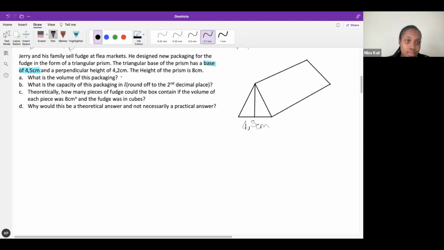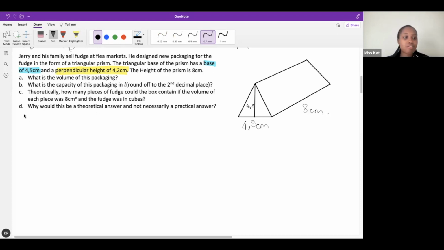And then what else? Perpendicular height. I suggest when you get such questions, guys, you highlight the information you've been given. Perpendicular height is 4,2. What else? The height of the whole prism. So that's the long side. That is 8 centimeters. What is the volume of this package?